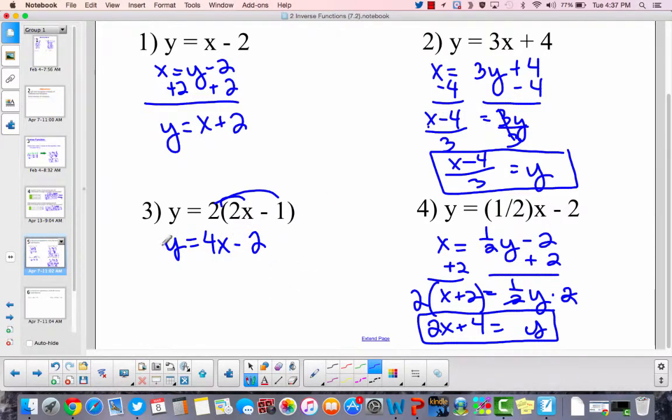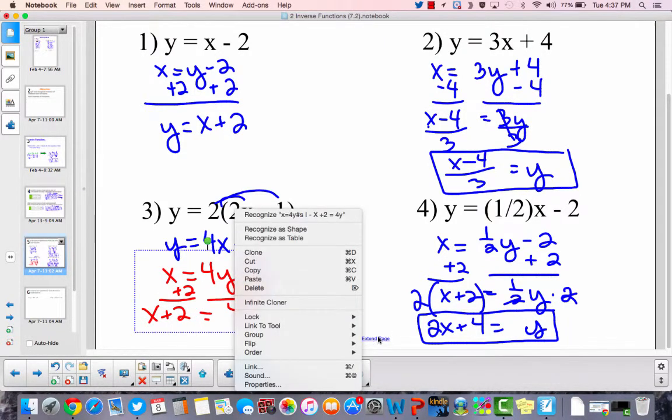Well, now I need to switch my x and my y's. So I say x equals 4y minus 2. And now I'm going to solve for y. So I'm going to add 2 to both sides. And I get 4y equals x plus 2.